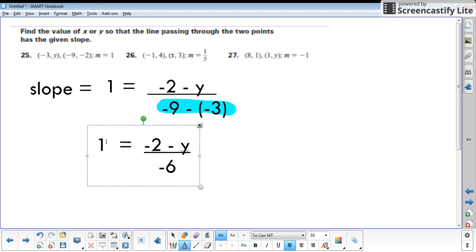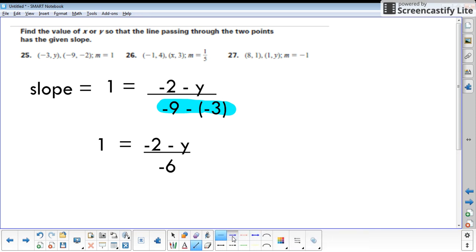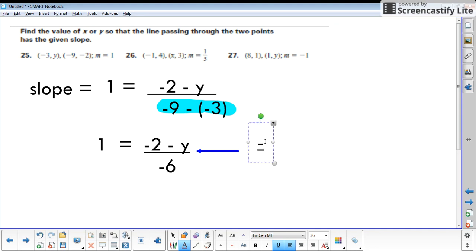What this is saying, when you multiply it out, is that the only way for this to equal 1 is for the top, -2 minus y, to equal -6. From here, it's just doing the math like we did back in Unit 1.